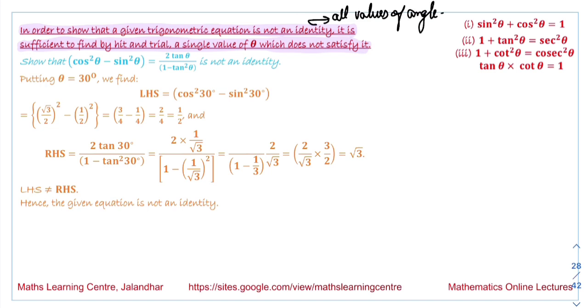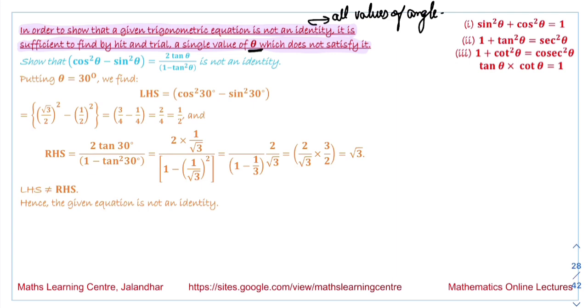So if we have to prove that something is not an identity, it is sufficient to show that it does not hold for one value of theta, and then it is not an identity. So the next question we have is this equation, and we have to prove that it is not an identity.